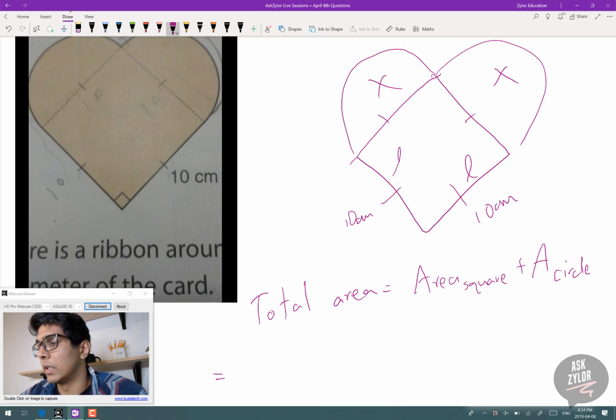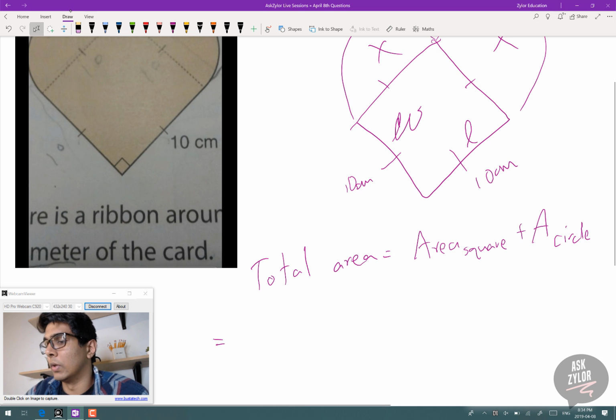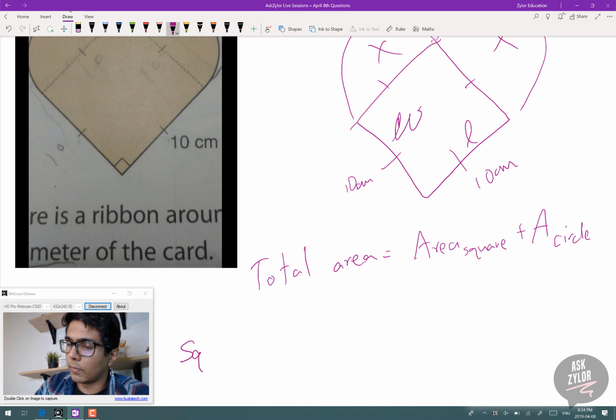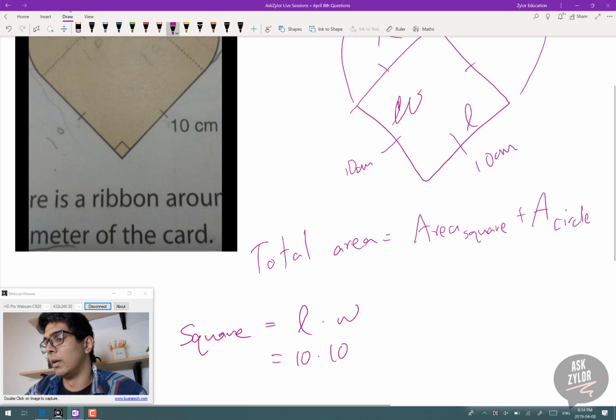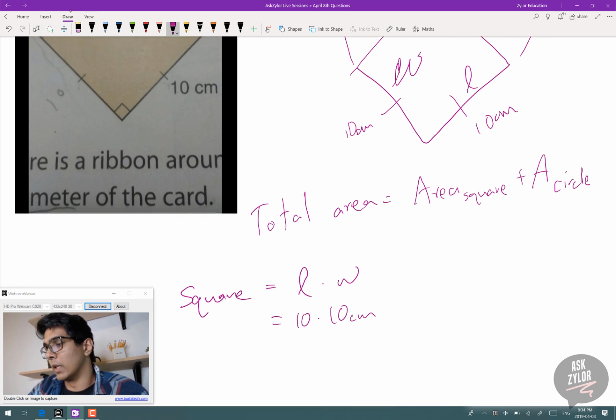Length is one side, width is the other side, they're the same. So for my square, it's going to be length times width, which is just 10 times 10. They're using centimeters as units, so that gives me 100 centimeters squared.